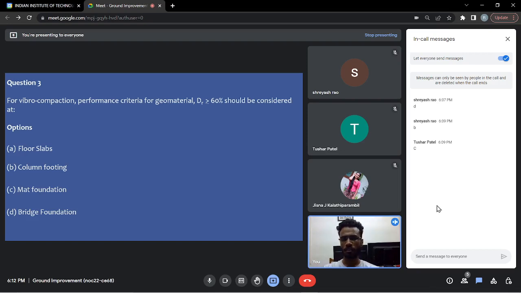You can answer in the chat box, and if you have any doubt with the question, you can unmute yourself and ask, or post your query in the chat box.